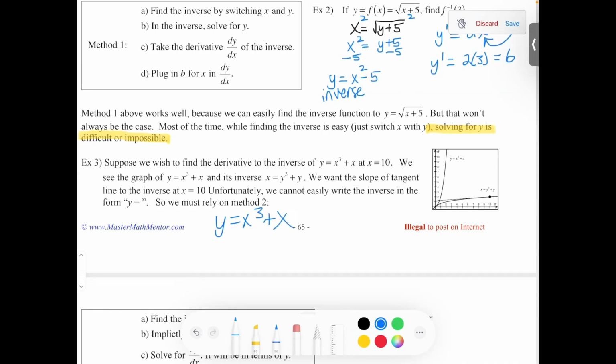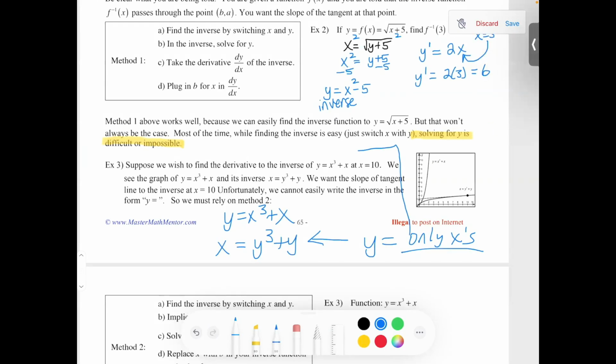And if we were to switch these x's and y's around, we would get x equals y to the third plus y. And solving for y in that equation is all but impossible. If we want to rearrange this in y equals and only x's on this side of the equal sign, that's going to be really difficult in this case.